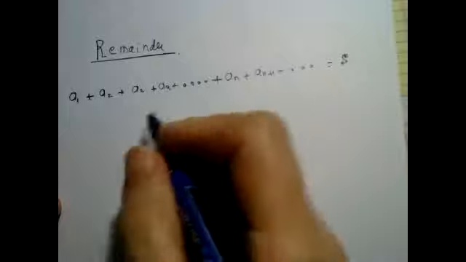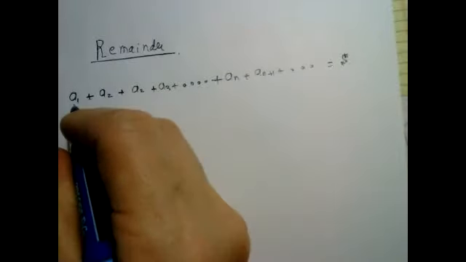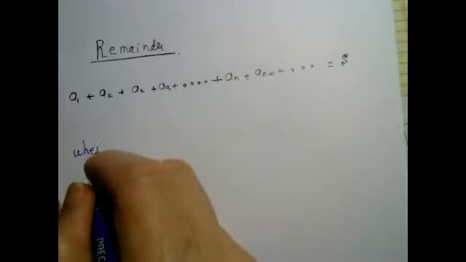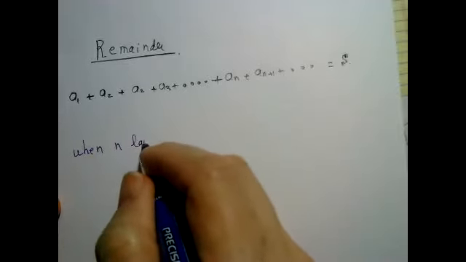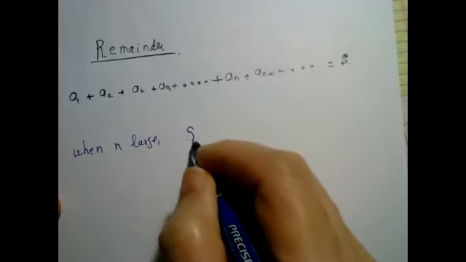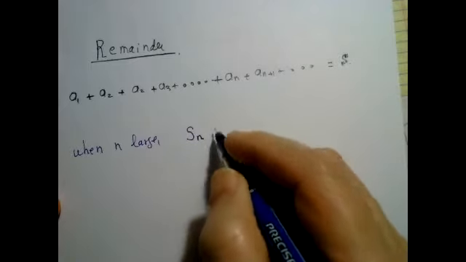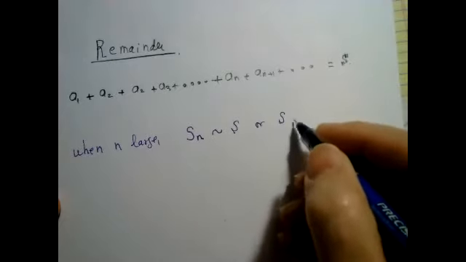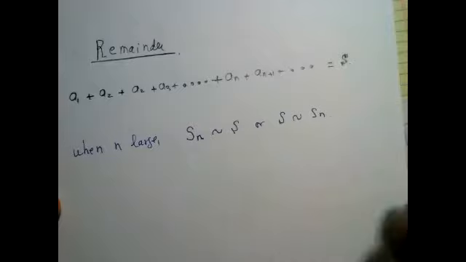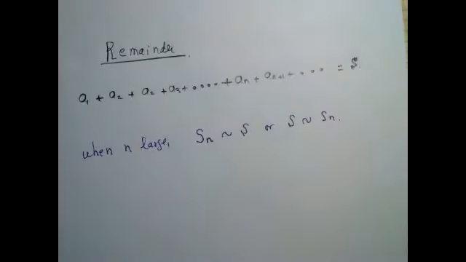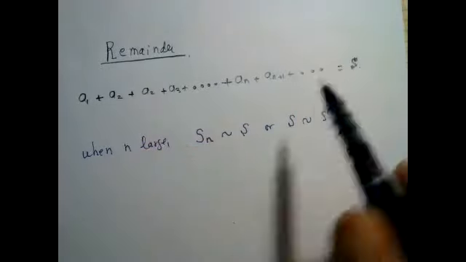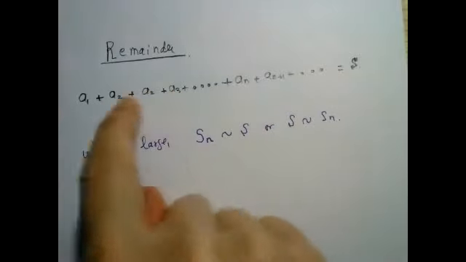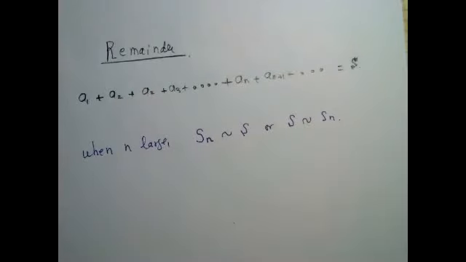It means when n is large, when I start adding the terms, the partial sums Sn become close to S, or S is almost equal to Sn. So to say that the series converges means as we start adding the terms, we compute those partial sums, and they become close to a fixed number S.